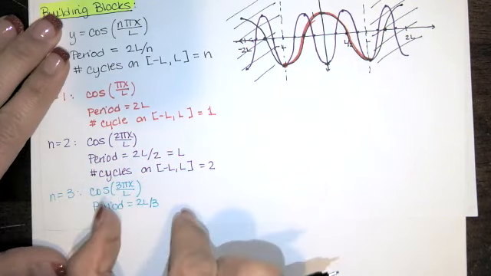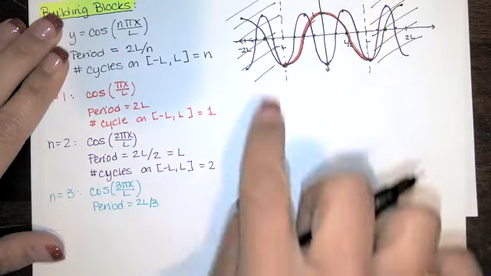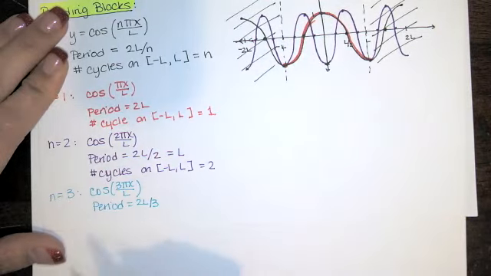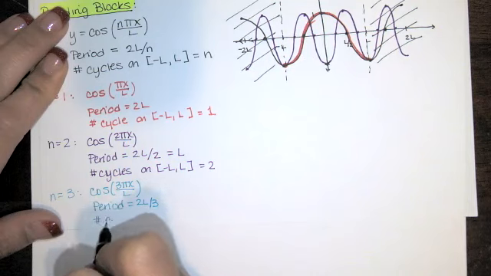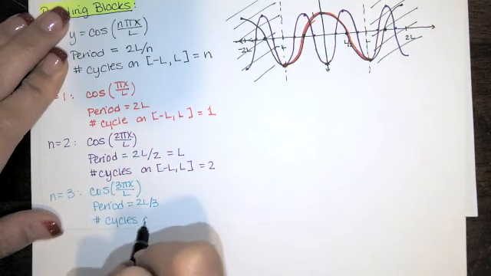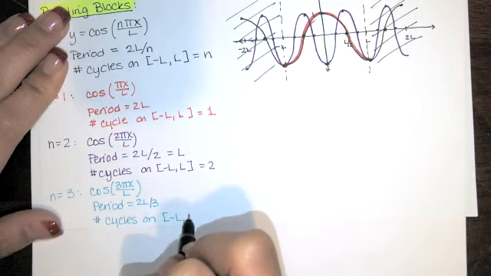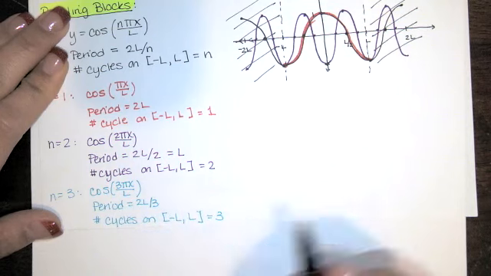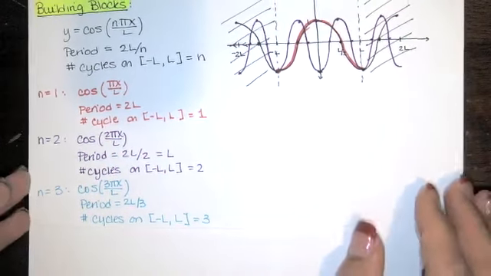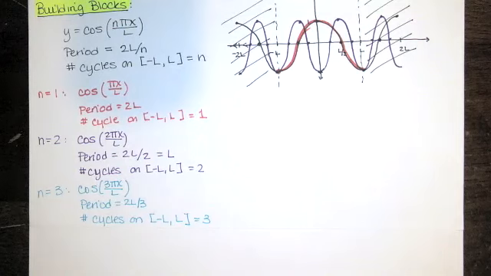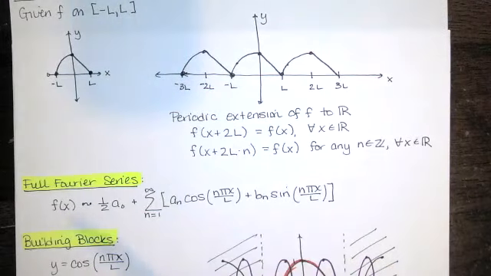So basically, I'm going to have 3 of those cosine waves over the interval from -L to L. And I'm focused on the interval from -L to L because that's where we're interested in this infinite series giving us that function f back. Because f was defined on the interval from -L to L.